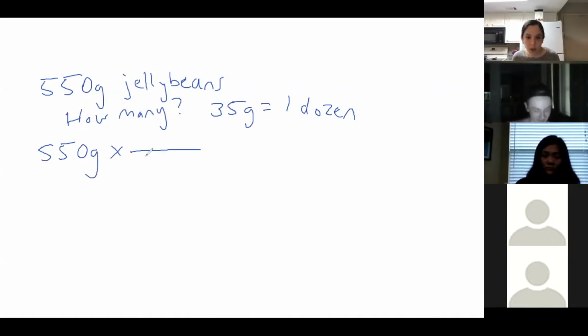So our unit multiplier would look like this. In 35 grams, there are 1 dozen jelly beans. So you do 550 divided by 35. That would give us 16 dozen.